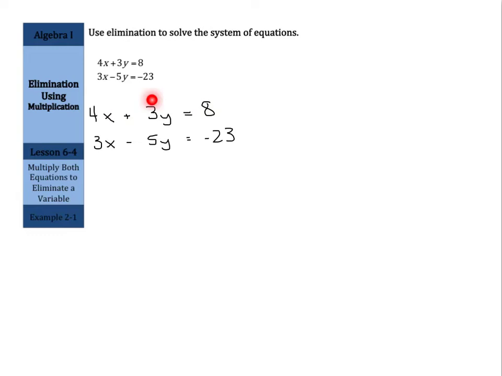There's actually two methods here. You can either eliminate the x or you can eliminate the y. And in this first try, we'll go to eliminate the x. Well, how can I do that?